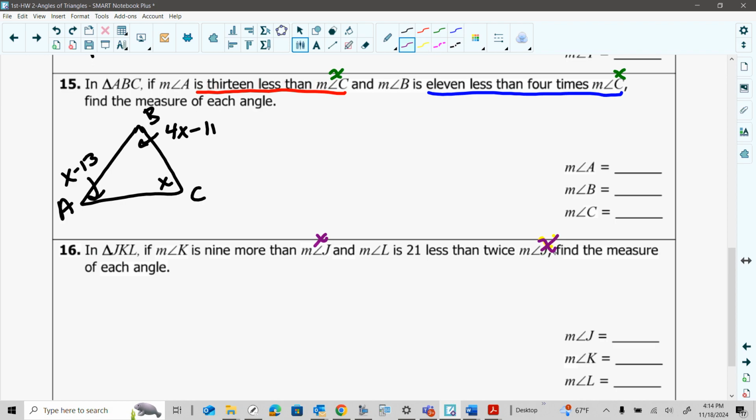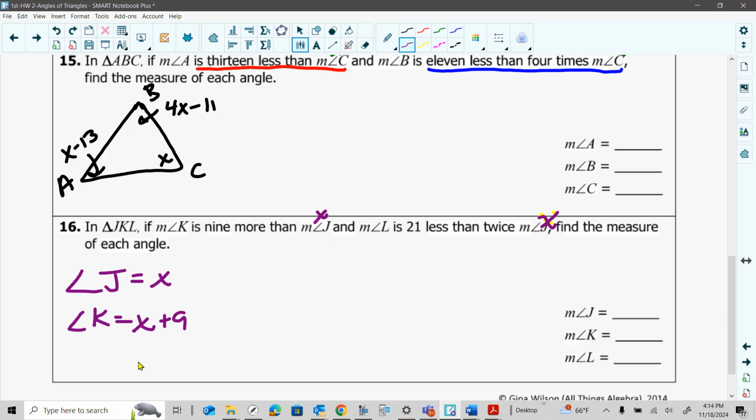If I start off with angle J equals x, then that means K, which is 9 more than J, would be x plus 9. And then you can do your angle L. See if you can figure that one out. And same scenario, write your equation equal to 180, solve for x, then plug back in.